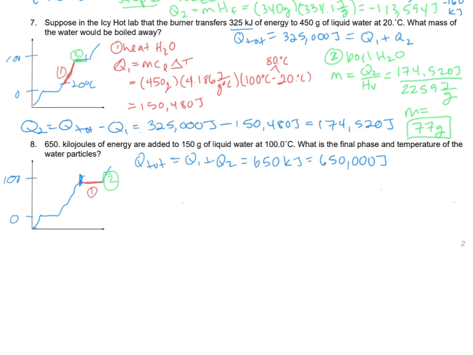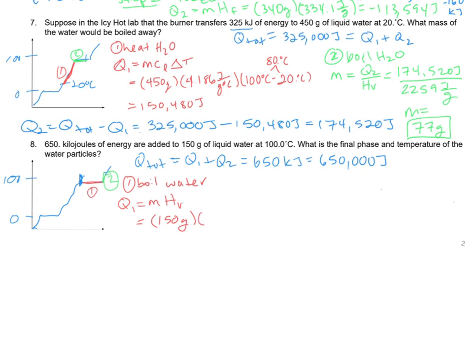So for step 1, we are going to boil the water. So we're starting at our phase change this time because we started right where water boils. So we're going to use Q1 is mH, and it's HV because it's boiling. And so our mass is 150 grams. That was given in the problem.